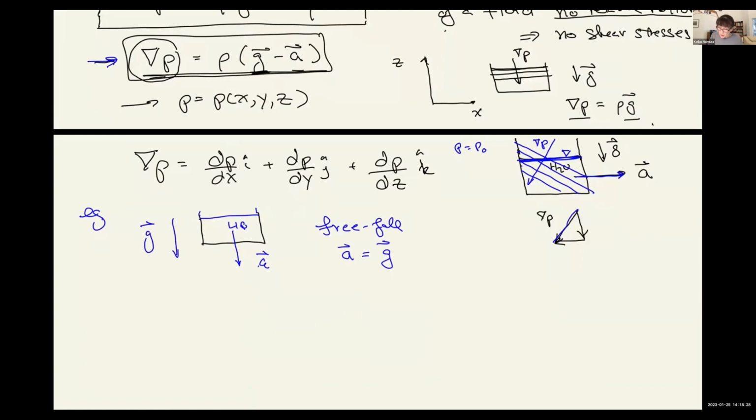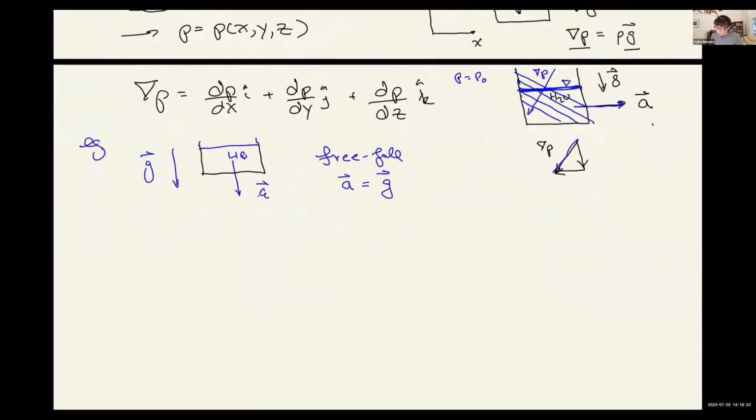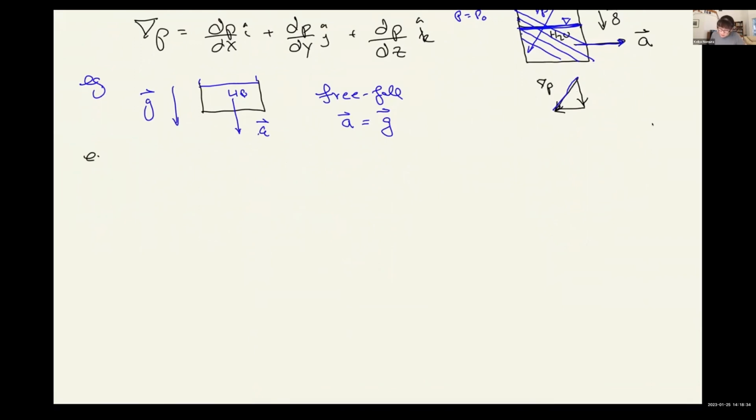Now, a more interesting example. Again, let's consider this tank of fluid here, really the previous example. And let's say we have this tank of water, like an aquarium.